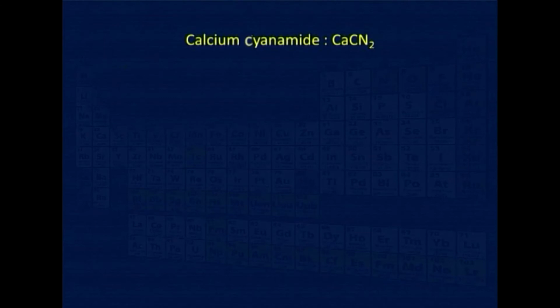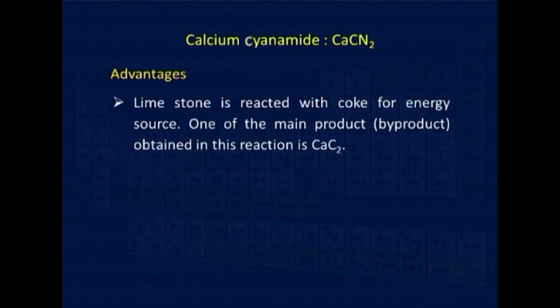We will move on to another fertilizer, which is calcium cyanamide. This is one of the fertilizers that is manufactured from a byproduct. Byproduct means energy sources where coke is used and lime is also used. One of the standard byproducts is calcium carbide.